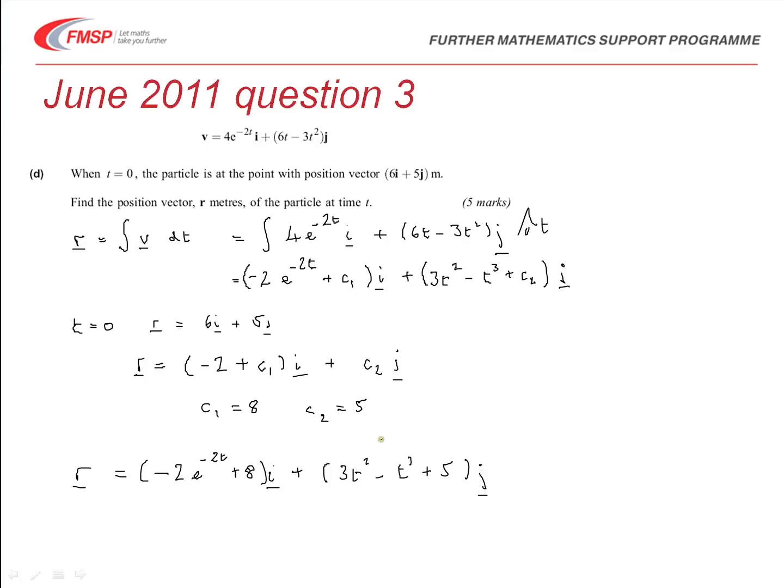So where do we get our marks in this question? There are 5 marks to be had. Initially, realising that we have to integrate, we get a method mark, and then we get 1 mark for each of the components being correct.